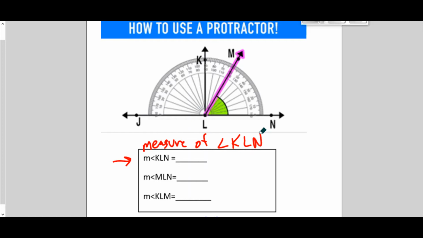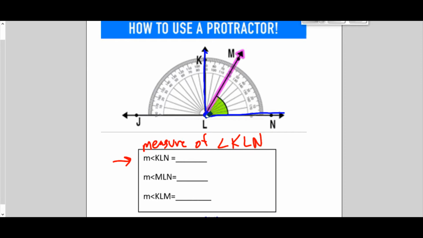So what we would do is we would take our protractor and we would set it on top of our vertex. So in KLN, the L is the vertex. So I'll put the center of my protractor right on the L. And then here's the angle I'm looking at, KLN, right here.